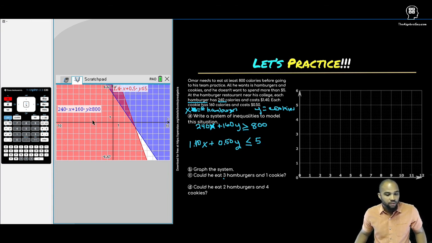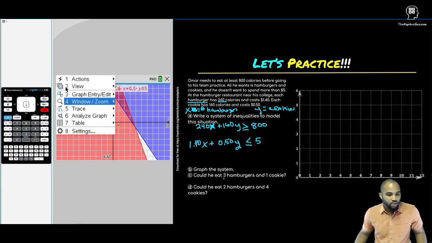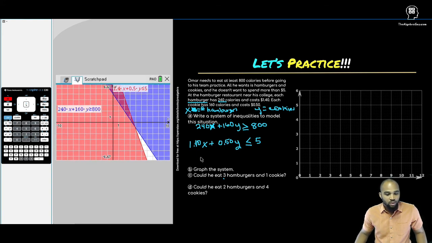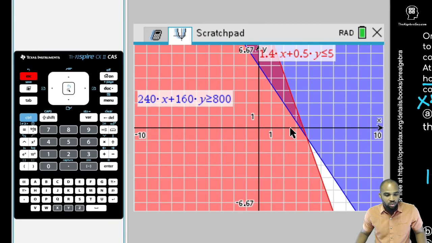All right, to see if this will work, I put some grid lines here, and in case you want to know how to do that, go to view, and you can find the grid lines here. You can add that there. But I went here and I'm looking for (3, 1). So 1, 2, 3, up 1. You notice that point is right here.